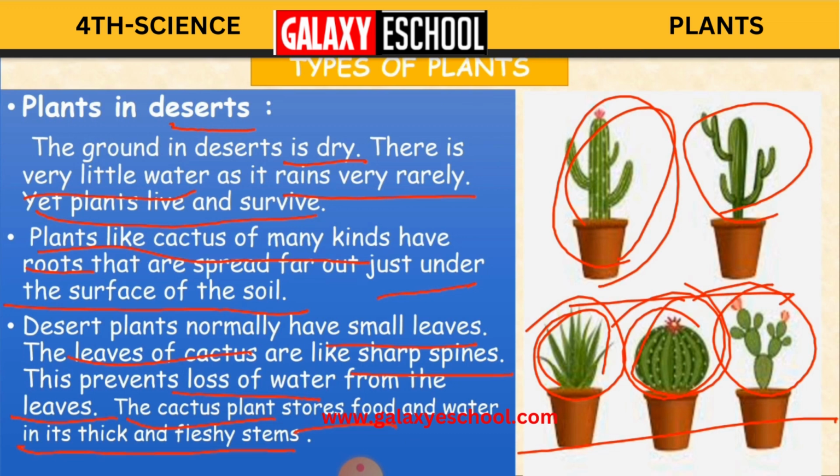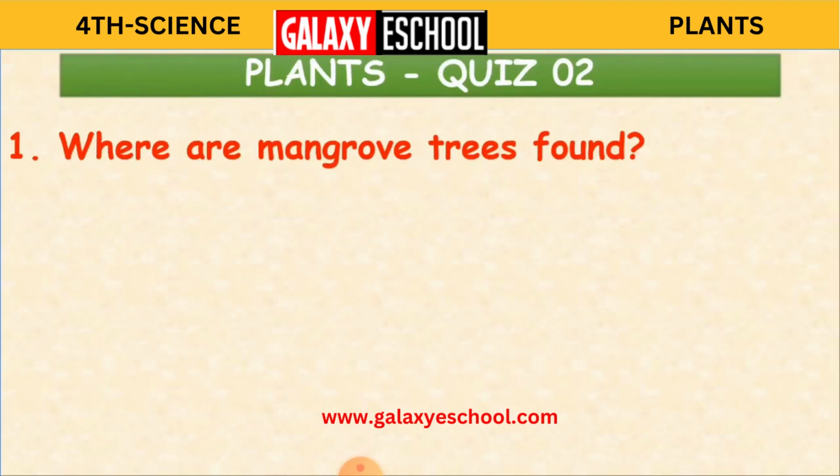Because they are able to store the water in their stems. And how about the roots? The roots are under the soil, and they spread very far. Okay, children, clear?